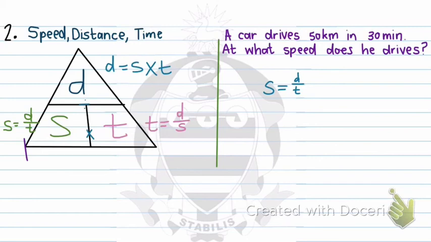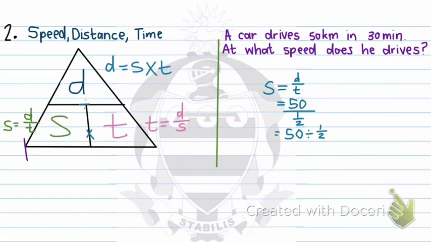So you all agree that we're going to use this formula, S is equal to distance divided by time, and we know that the distance is 50, but now the time, I cannot insert 30 as the time because it has to be in hours. Now they tell us 30 minutes, and 30 minutes is how many hours? I hope you all know that it's half an hour. If you put 0,5 there, it's also the same. Now how do I divide with fractions? Remember, 50 divided by a half.